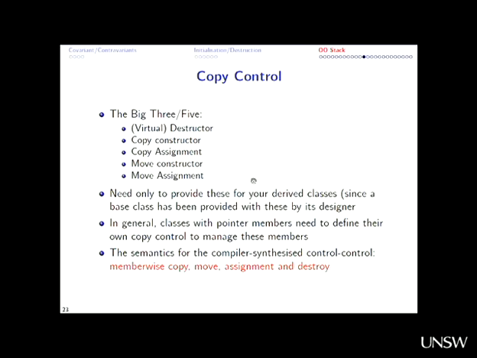In general, you can use the automatic compiler ones, except if you're using pointers. If you're using pointers, you generally need to provide your own copy constructors. The instant you define your own virtual destructor, which you should be doing, you are required to put in the copy and move constructors, otherwise the compiler doesn't generate them for you.